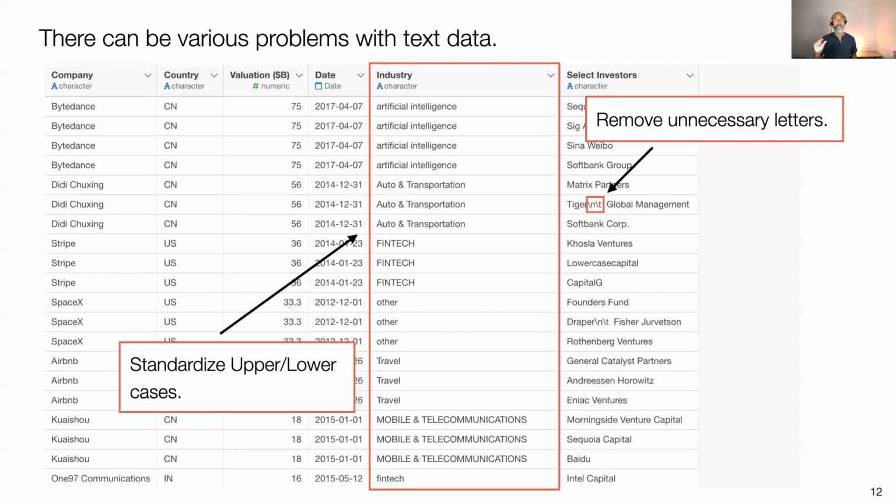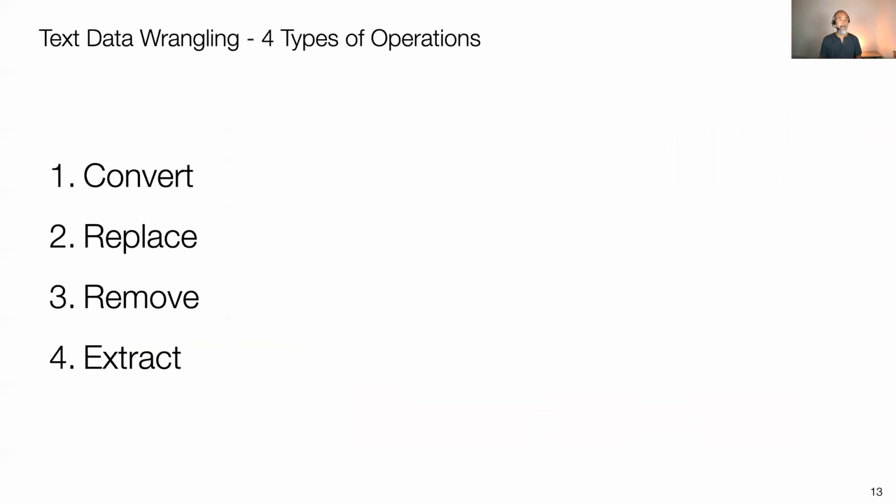Sometimes you find some weird letters in the text, let's say backslash n, backslash t, meaning new line or tab, or maybe you want to remove some of the space and stuff, right? And of course, not only these, because there are tons of problems with text data you might want to tackle. Basically, these are the 4 main tasks: convert, replace, remove, extract.